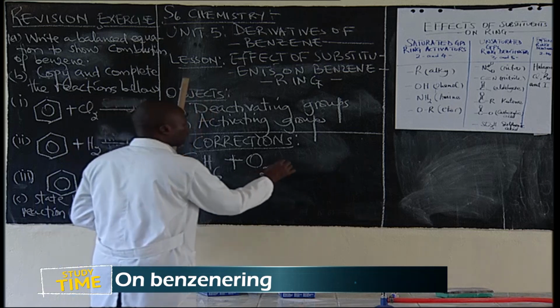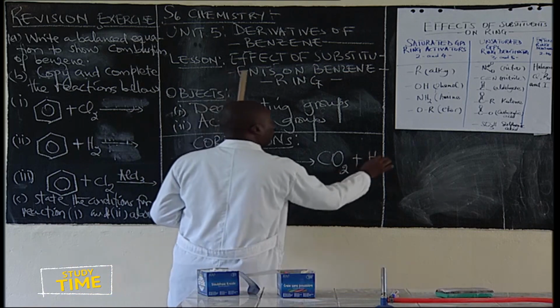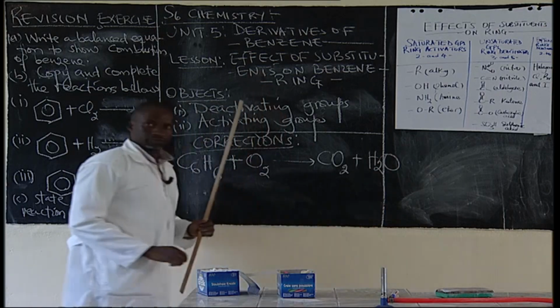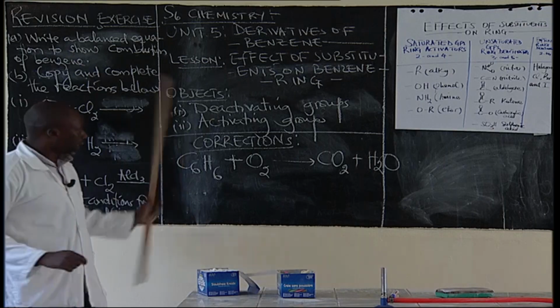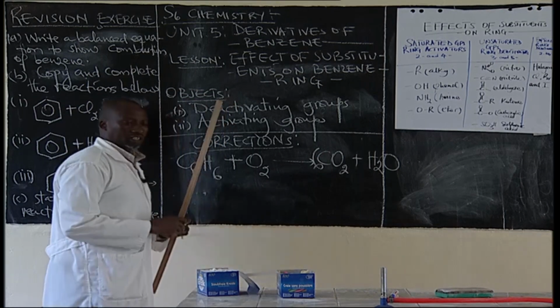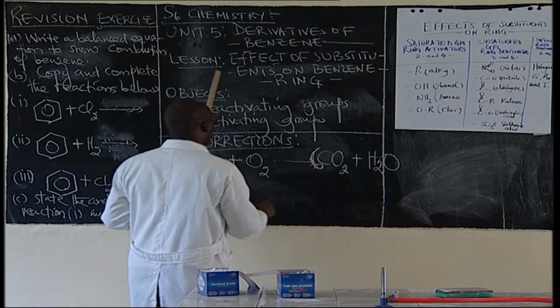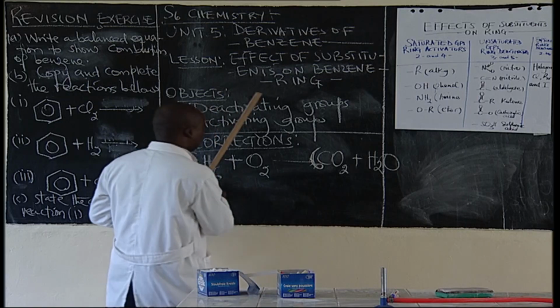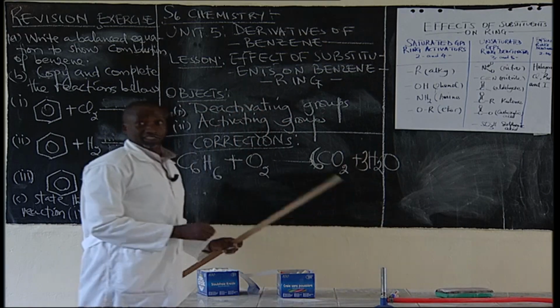So that is oxygen. This will give carbon dioxide plus water. We said a balanced equation, so the number of atoms must balance. We have 6 carbon atoms, so 6 CO2. The hydrogens are 6; here we have 2, so make it 3 water molecules to get 6 hydrogens.